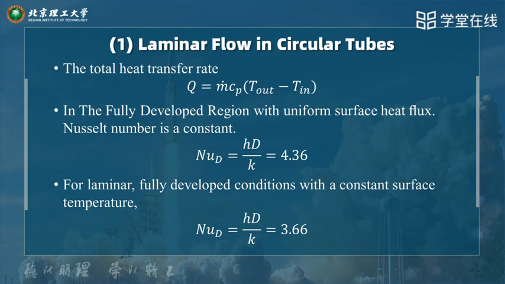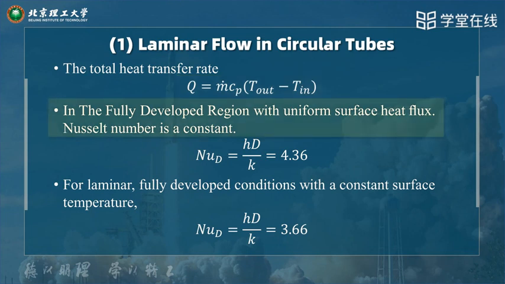Laminar flow in circular tubes. The total heat transfer rate, certainly from the energy balance equation we obtained, Q equals m dot Cp times (T out minus T in). With this equation we can calculate the total heat transfer.